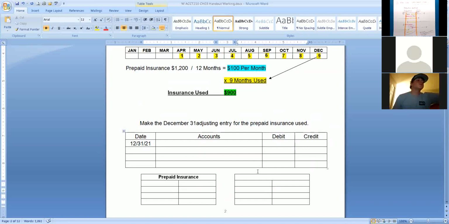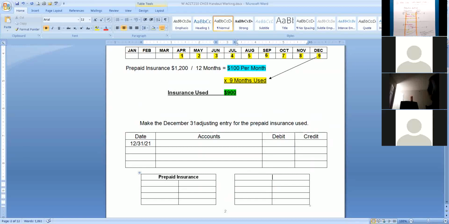Which one do you think we're going to have in this case? A revenue or an expense? Is insurance going to be a revenue or an expense? Expense. Yeah, it's money going out. So this will be insurance expense.